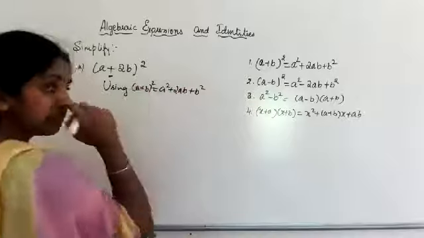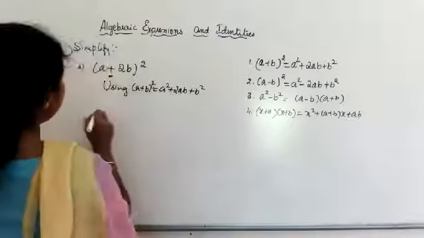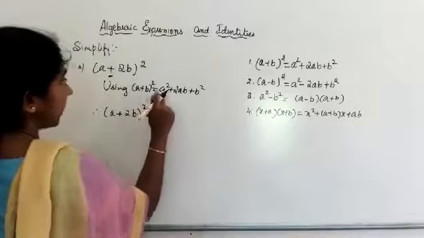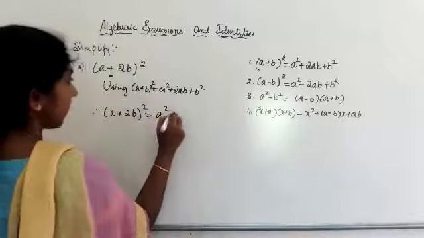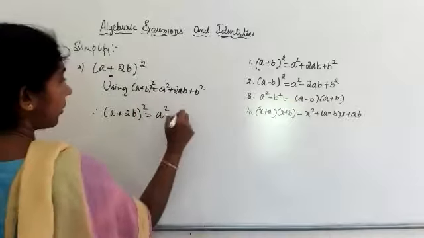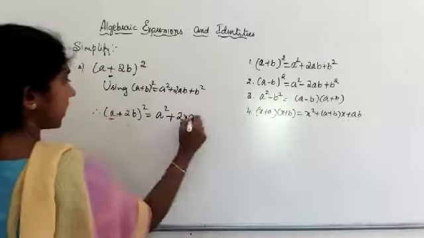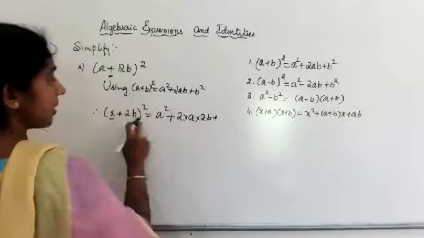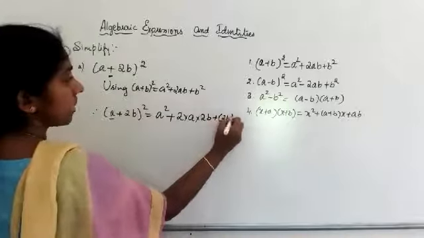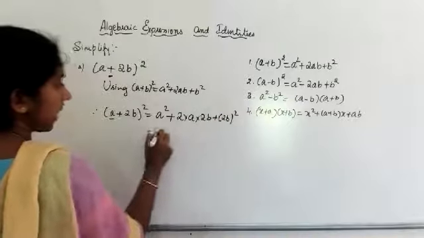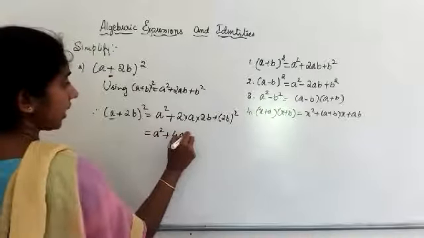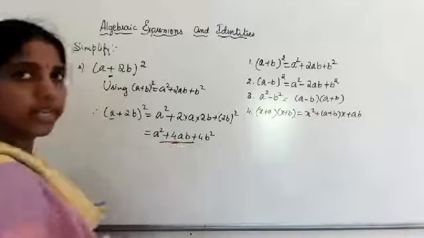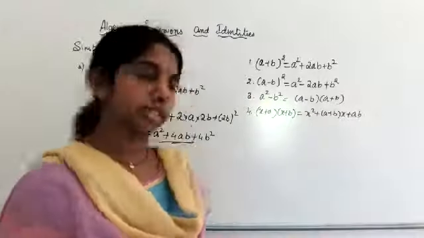Therefore, a plus 2b the whole square will be a square as it is, plus 2 into a into 2b, plus 2b the whole square. So what do we get? a square plus 4ab plus 4b square. This is how we simplify using the identity.